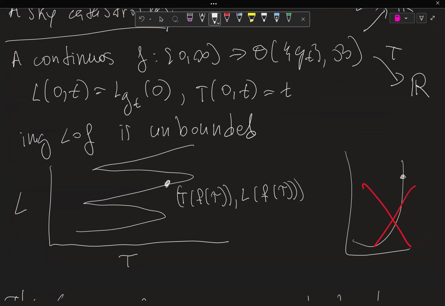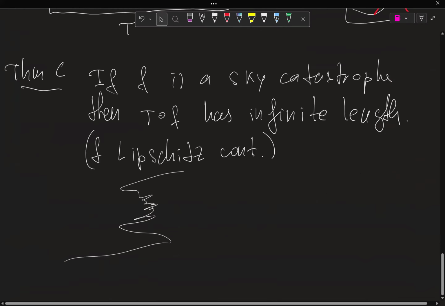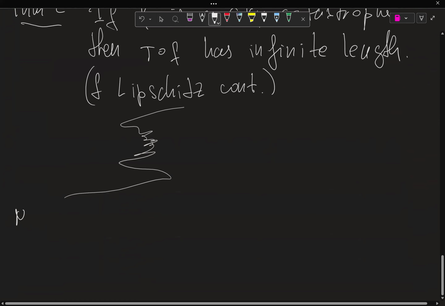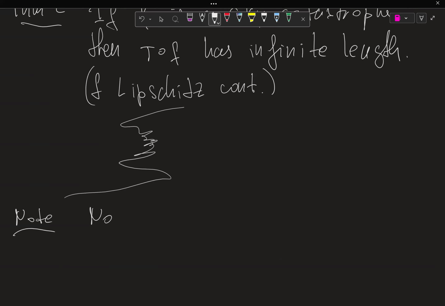So you couldn't have such a picture. I'm just outlining, but you have to have this kind of zigzag blow up if it exists. So one note is that no example for F is known.